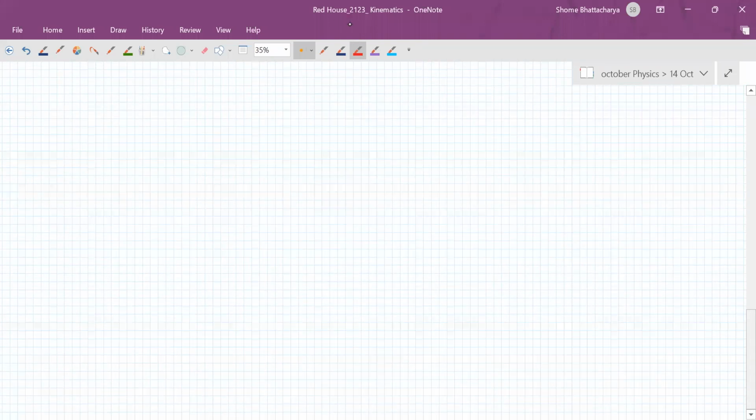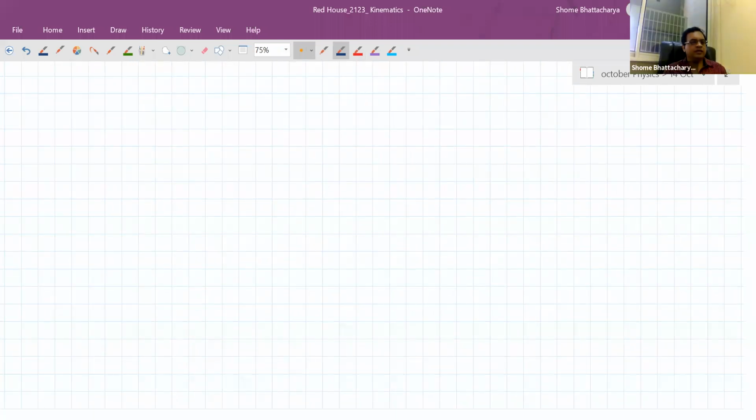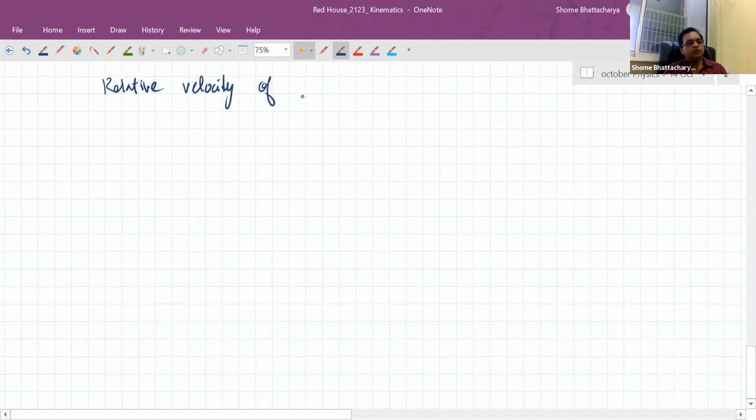Okay. Now we will move on to one last type of concept related to relative motion, but a slightly different calculation. Okay, and that calculation is of a quantity called the relative velocity of approach or separation between two particles.